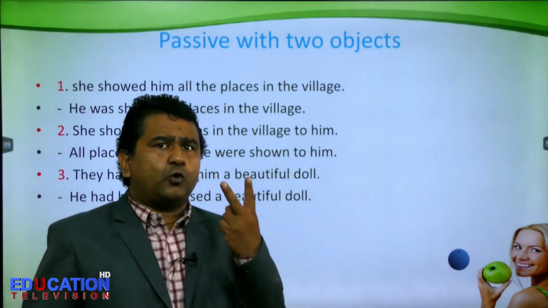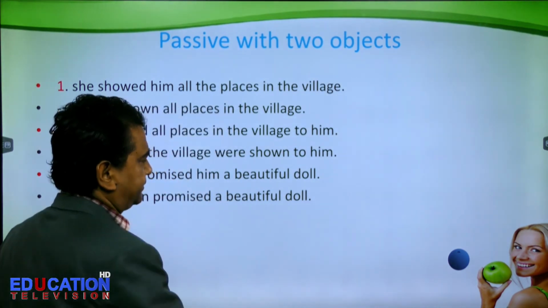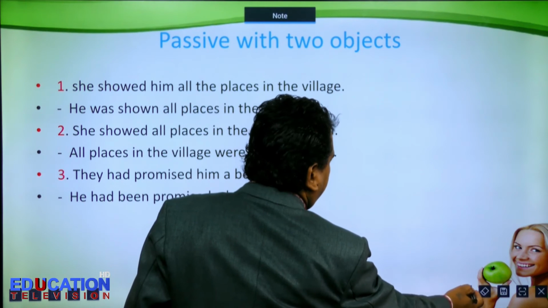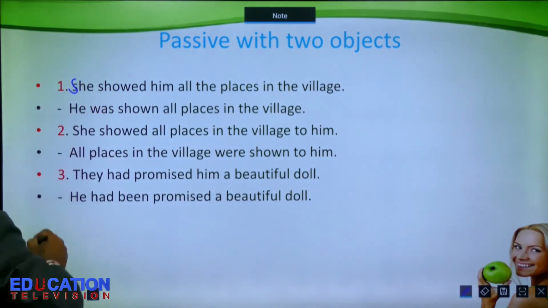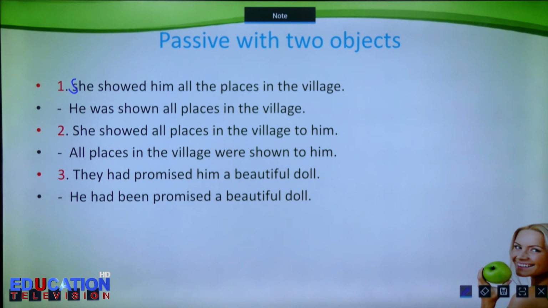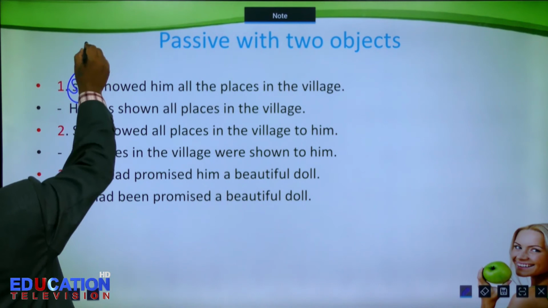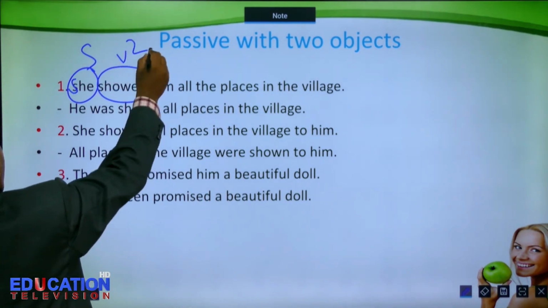If there are two objects in the passive voice, how to do? Let us see. She showed him all the places in the village. She, subject. Showed, V2.